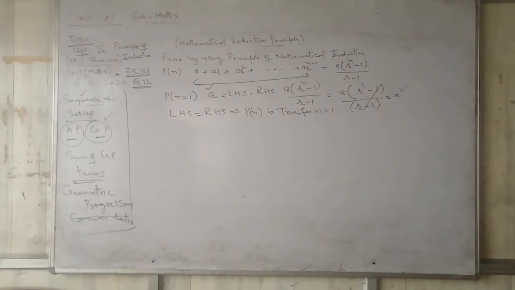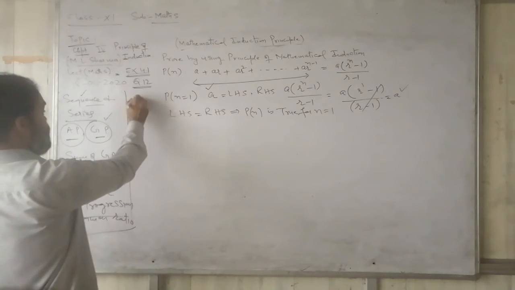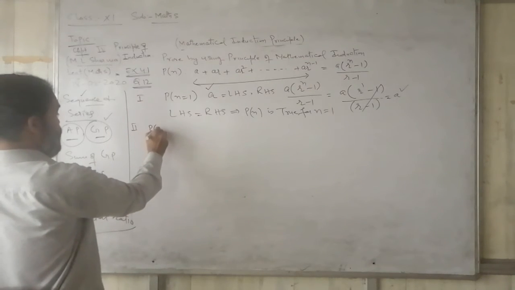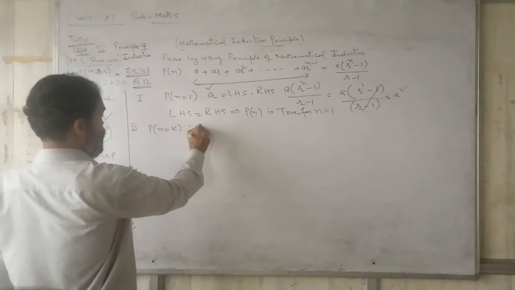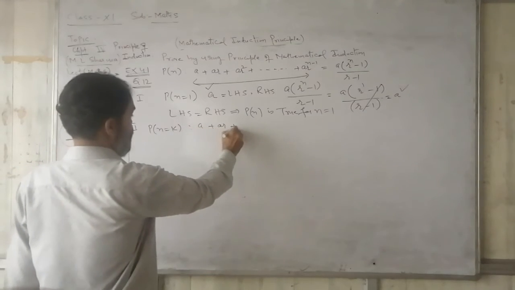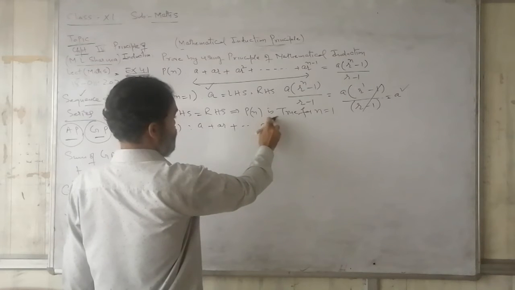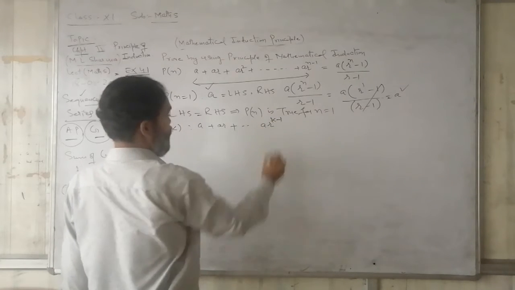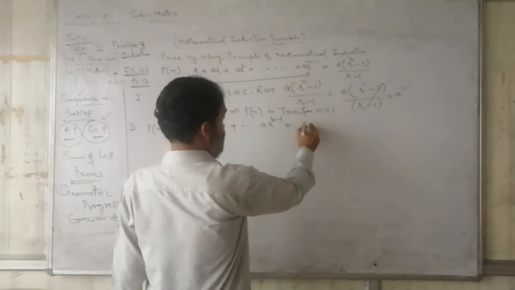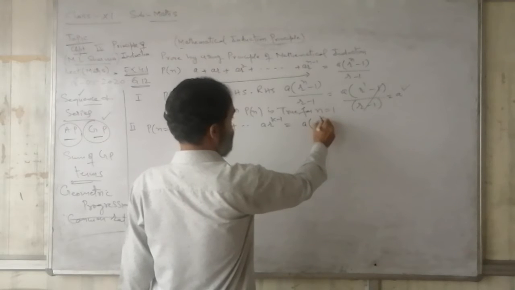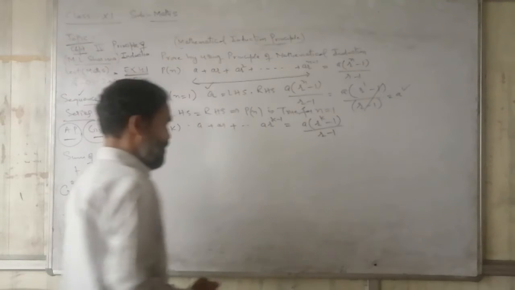Then the second step. This was step first. P(n equal to K): instead of n, you write K, and this is equal, on the right hand side, to A R raised to power K minus 1 upon R minus 1.